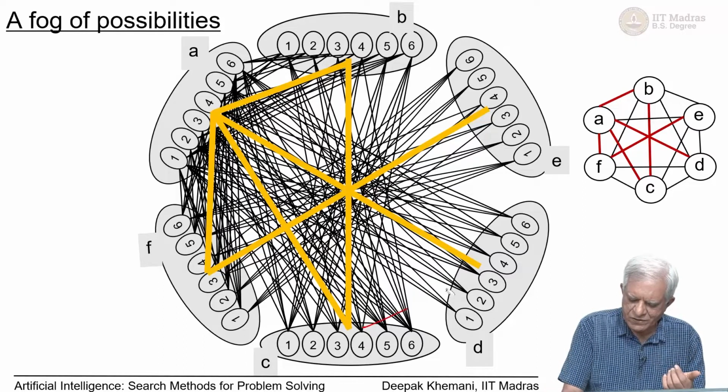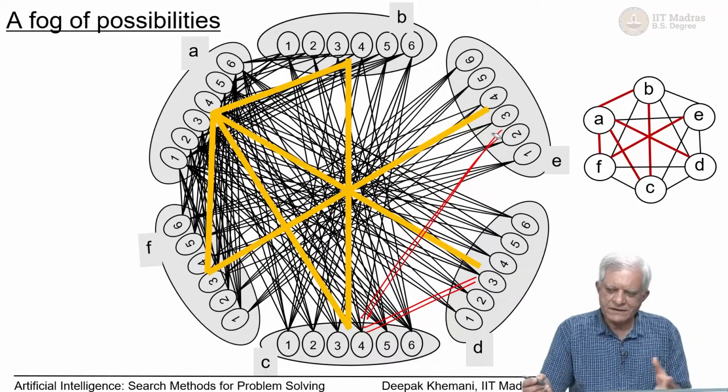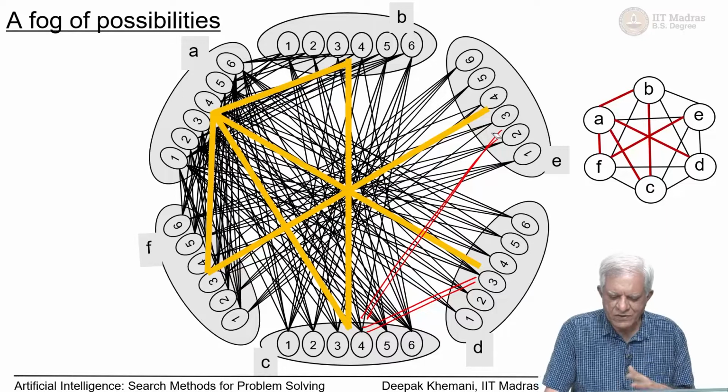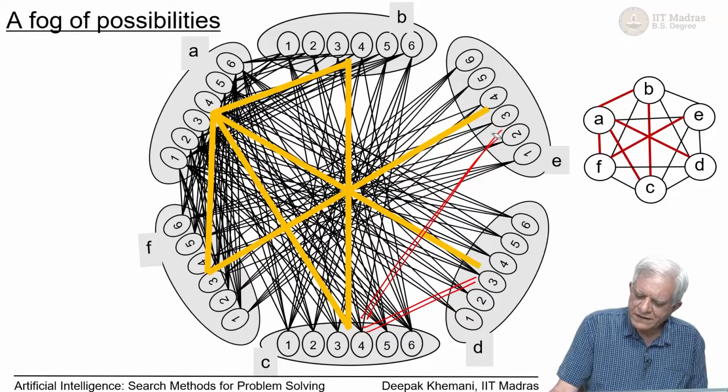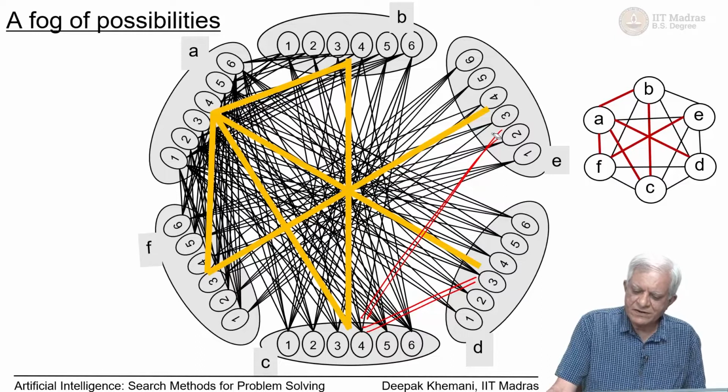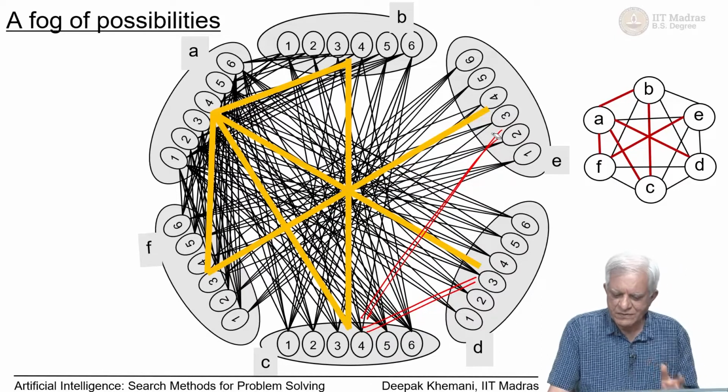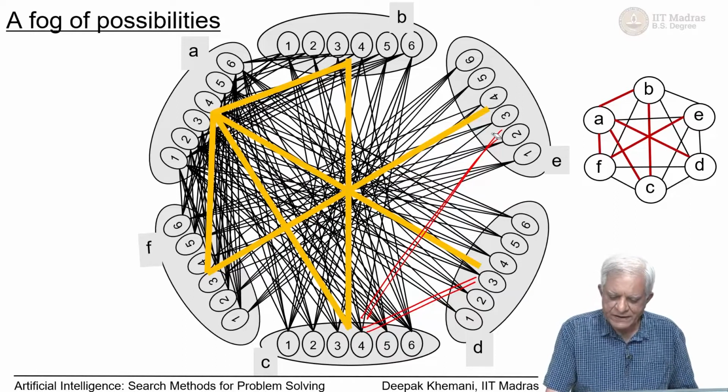So, for example, we have not drawn this one here, we have not drawn this one here. If we add that, then you can imagine that this would really become a fog of lines essentially. When you have stated the n queens problem as a binary constraint network, these are the possibilities that you look at essentially, and somehow you have to cut through this and arrive at a solution.